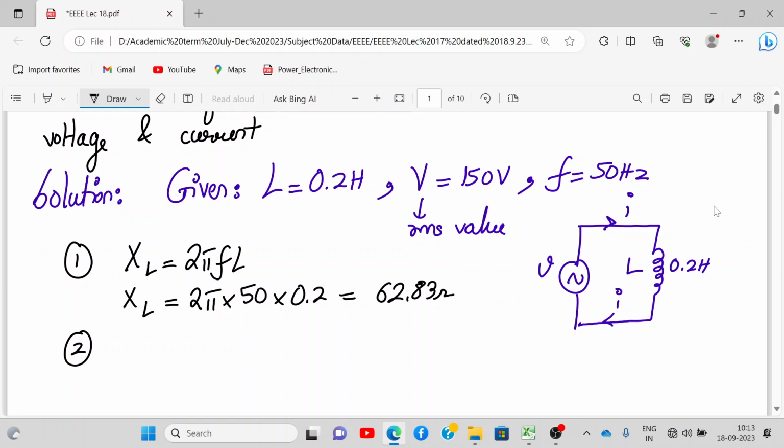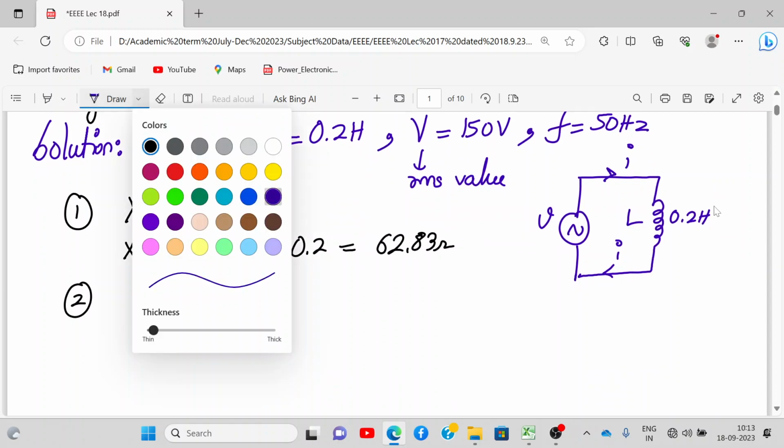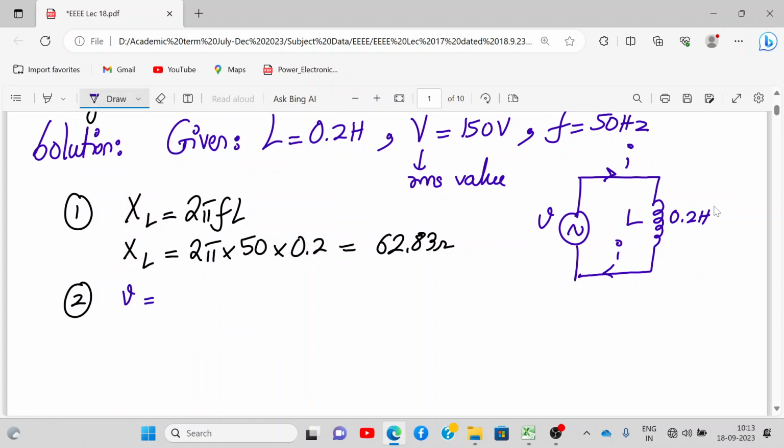Second, what is the expression for V, Vm and Im? V is Vm sin omega t, and the expression for I is Im sin of omega t minus pi by 2.